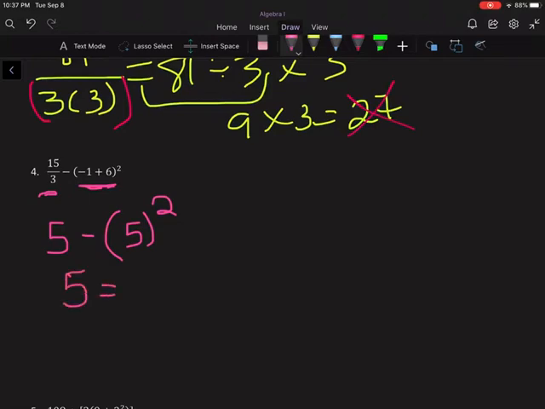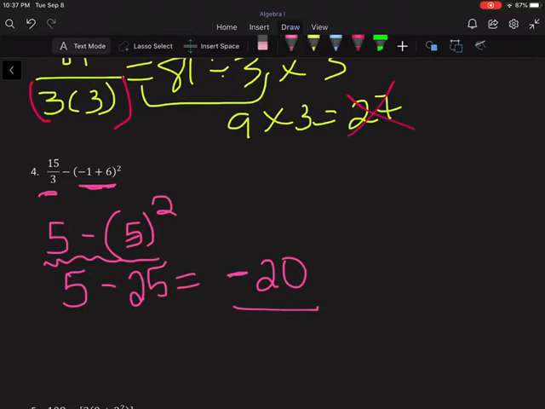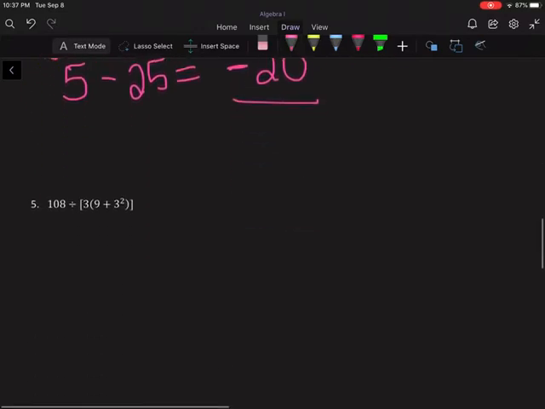And I bring down the 5. 5 minus 5 squared, which is 25, is equal to negative 20. So for the most part, this would have been just fine putting in your calculator, and it would have evaluated it to be this. But you have to be careful in some cases, okay?